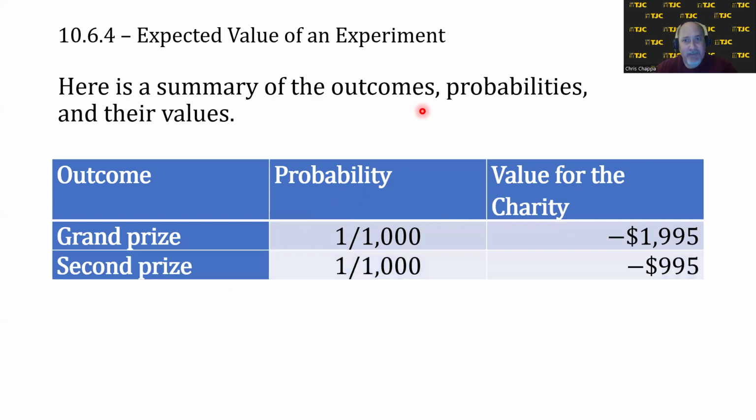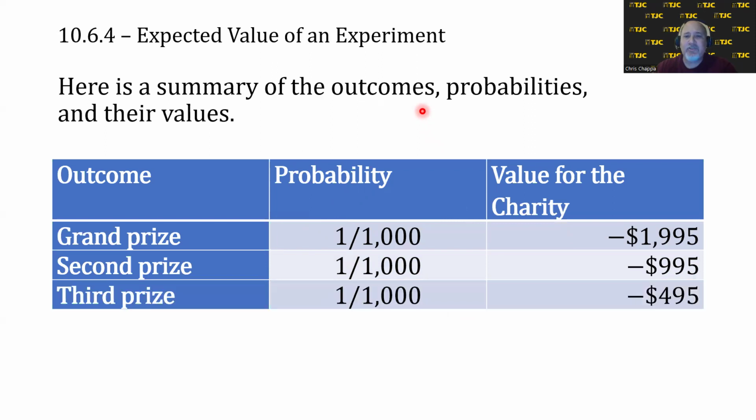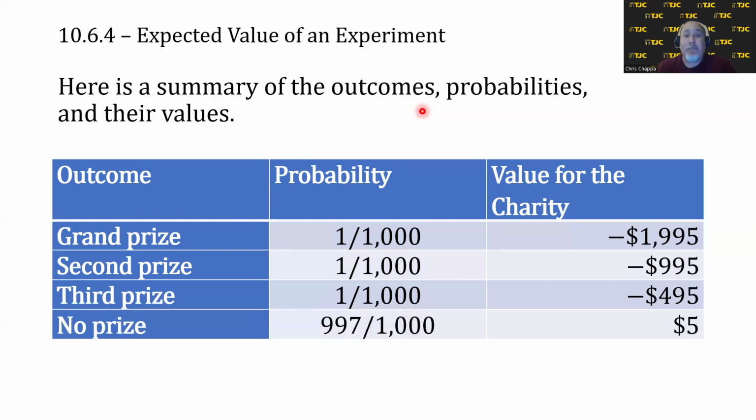For second prize, same probability, but the value for the charity was negative $995. For third prize, the probability was the same, but the value to the charity was negative $495. They brought in $5 and then gave away $500. And then for no prize, the probability was 997 out of 1,000, and the value of those tickets to the charity was $5 each.